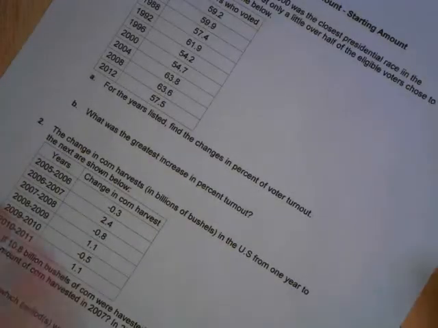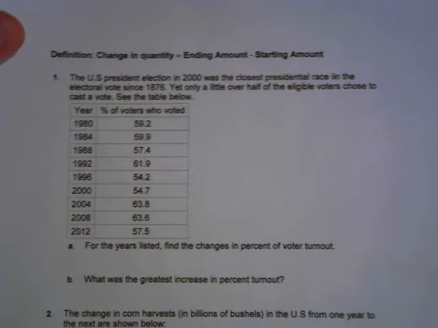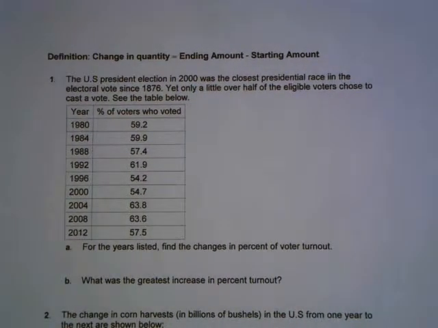Okay, the next thing we'll see in this section is something called change in quantity. Change in quantity simply means you take the ending value, the ending amount, and you subtract the starting amount. Problem 1 says, the U.S. presidential election in 2000 was the closest presidential race in the electoral vote since 1876.